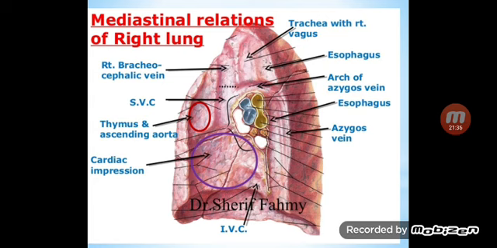The root of the right lung has its own relations, and the root of the left lung has other relations. Look at this slide. The root of the right lung is related to the arch of the azygous vein from above, while behind the root runs the azygous vein. The arch from above and the azygous vein from behind. This is the root of the right lung.